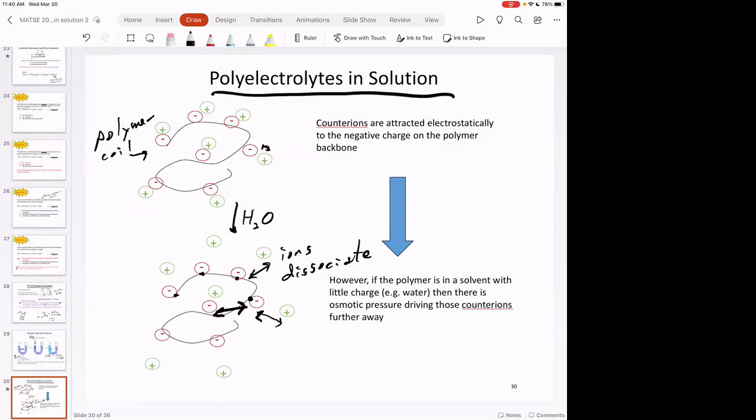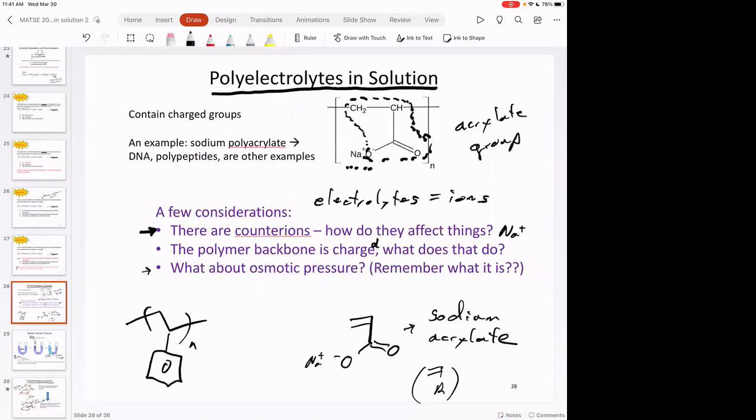And then because those negative charges are stuck on the backbone, there's the potential for interaction between charges that are stuck on the backbone. Because if you look, this picture is not perfect because there's a charge every two carbons, right? You're going to have negative charge, negative charge, negative charge.